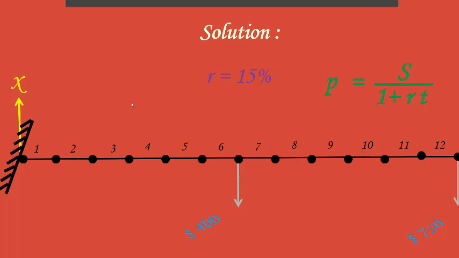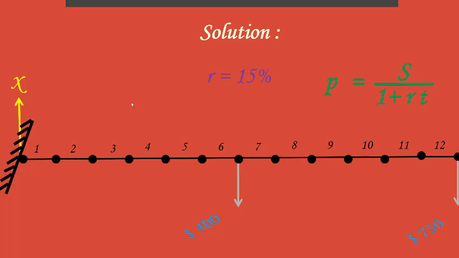So P will be equal to S over 1 plus R times 0. So the present value will be equal to S over 1, which equals S. So P will be equal to S. S here equals X, so P will be equal to X.